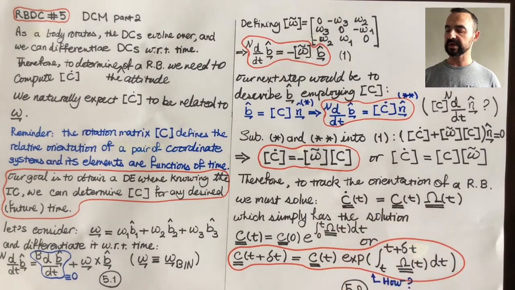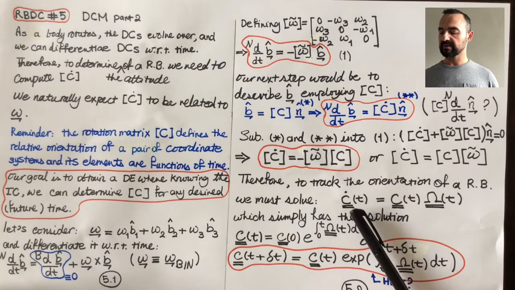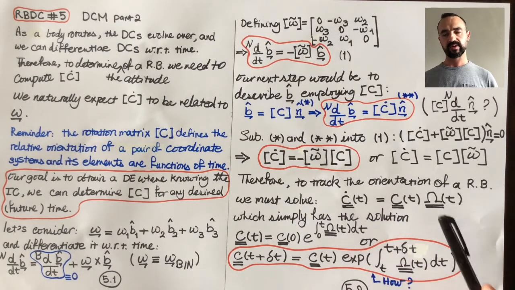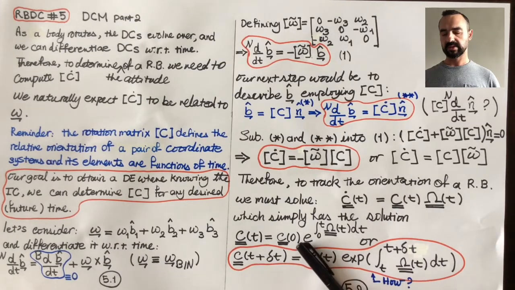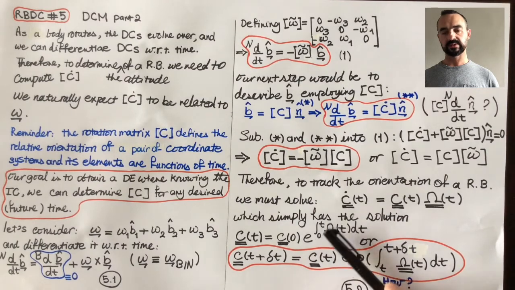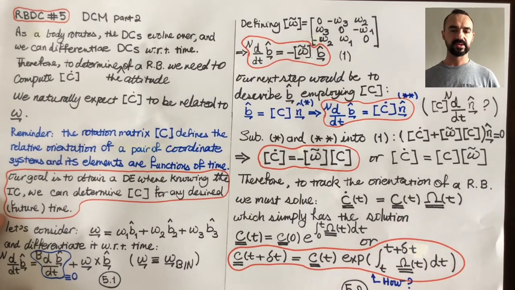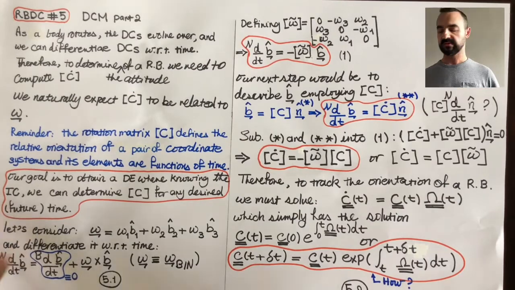If you look at this first order differential equation, you should have already seen this simple first order differential equation in your basic second year differential equation course. C dot is dC/dt, and if we integrate both sides, we get C(t) equal to C(0) multiplied by e to the integral from 0 to the desired time of omega(t) dt. The solution of this differential equation appears in exponential form.